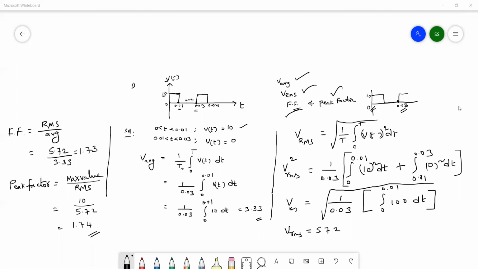So, note down all of you: RMS value, average value, form factor, peak factor for a given square wave.